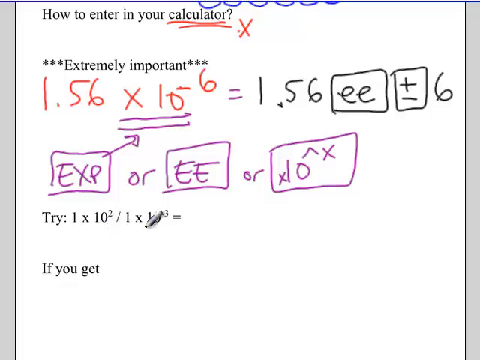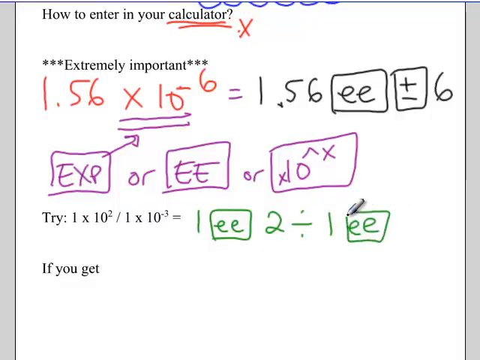1 times 10 to the second divided by 1 times 10 to the negative third. If I was putting this in, I do the numerator, 1 EE 2, and then I hit the divided by button, and I'm dividing that by 1 EE, and then a negative 3.